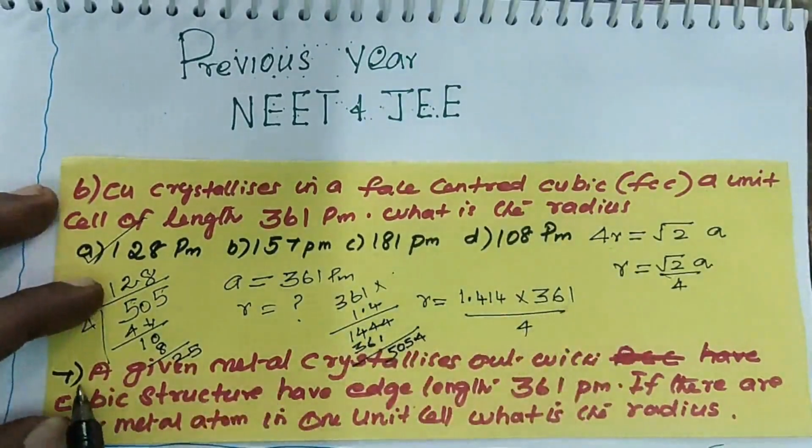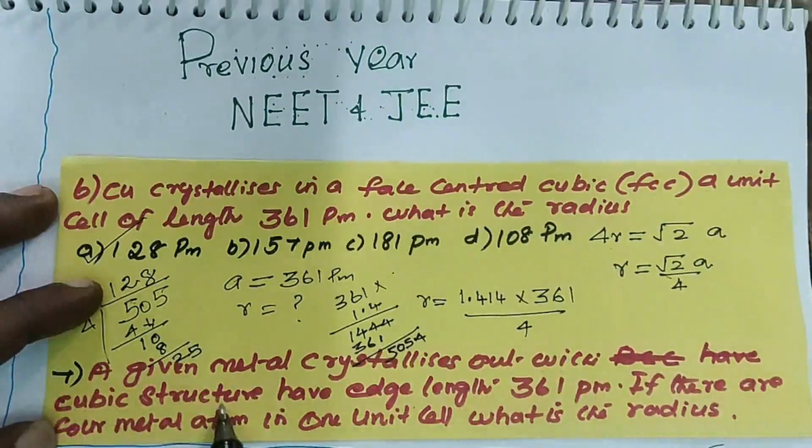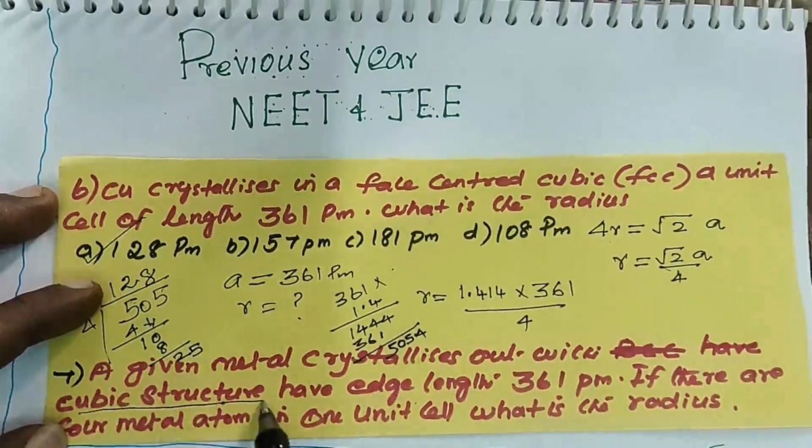Then 7th question. A given metal crystallizes out with cubic structure, with edge length 361 picometer. In cubic, commonly 3 types are there: simple cubic, body centered, face centered. Here it is not given, simply it is given cubic structure.